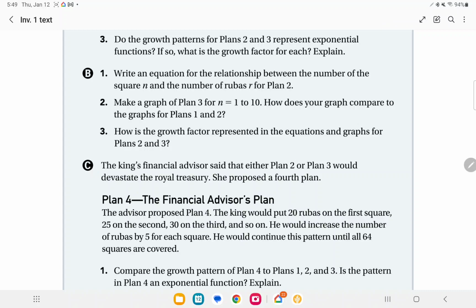If you want to do that on your lab sheet, that's completely fine. And then on 3, how is the growth factor represented in the equations and graphs for plans 2 and 3? We've already kind of talked about that, so B should be very easy for you. Go ahead and answer B 1, 2, and 3, and then come back to the video.